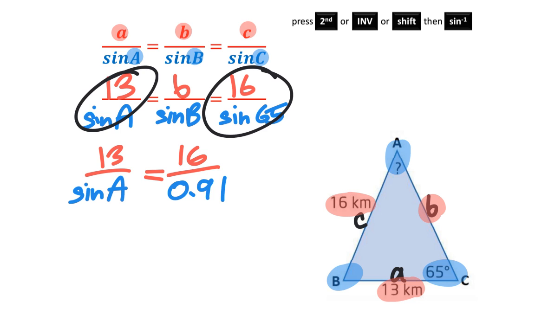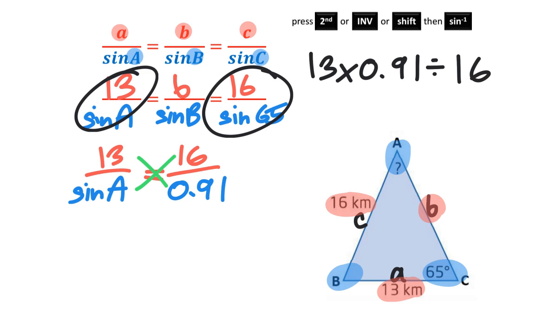This should look very familiar to you at this point. We'll want to solve this with cross multiplication. The numbers that are connected are going to get multiplied, so I'm going to take 13, multiply it by 0.91, and then divide by the leftover number, which was 16.